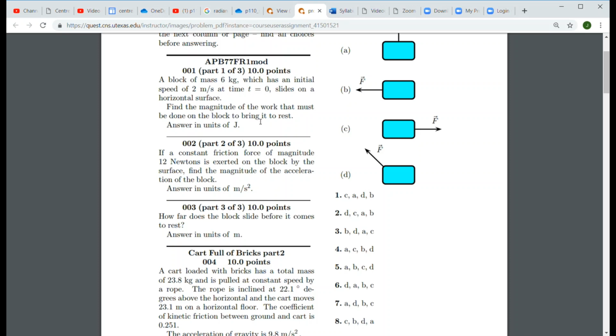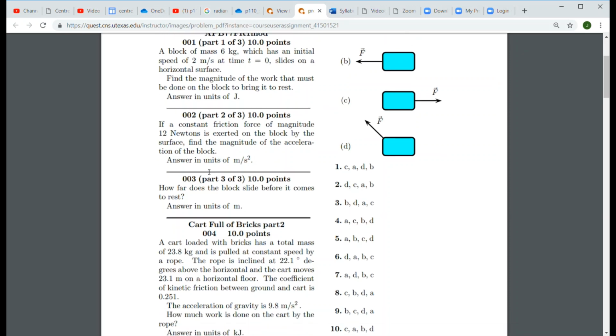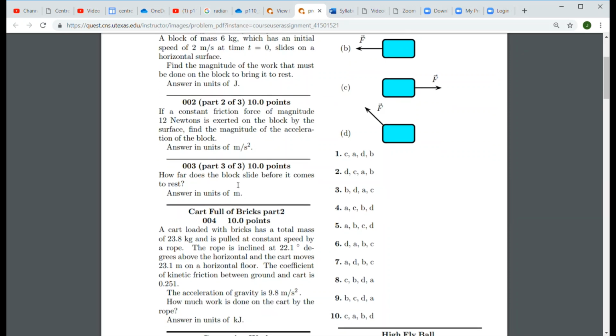If we want to find the magnitude of the acceleration of the block, we know the magnitude of the force, and that's the only force with an x component. Of course, there's a normal and a gravitational force, but those won't have a horizontal component, so we can use F net x equals m a x, and using that find the acceleration of the block. So that's not really an energy problem, part 2, but we might use it here in part 3.